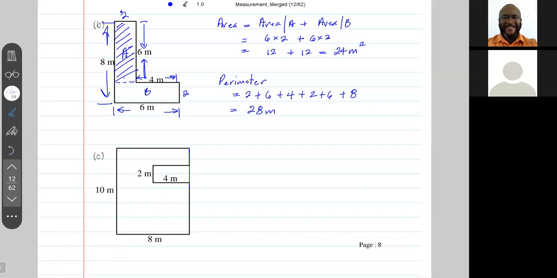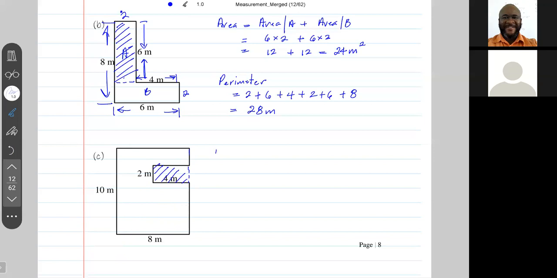Let's see if this piece can move itself. Aha, good. So let me draw this back with dotted lines. So what I'm going to do is I'm going to multiply the 10 by the 8. That's going to give me the area of the entire thing, including that shaded section.